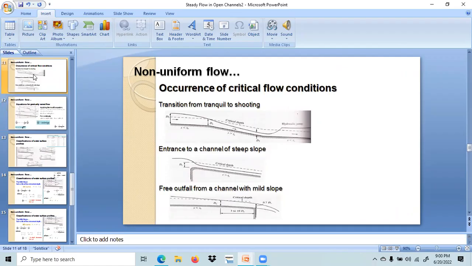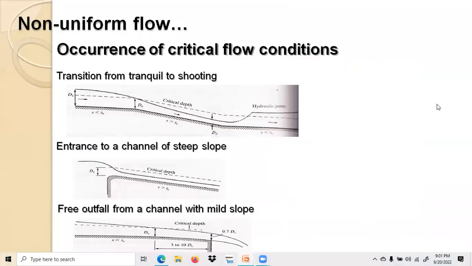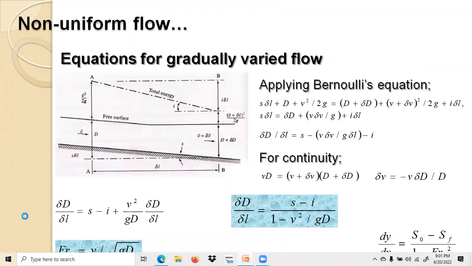So the critical depth line is crossing the water flow line, no? I am talking about critical depth, which is at two or three places.